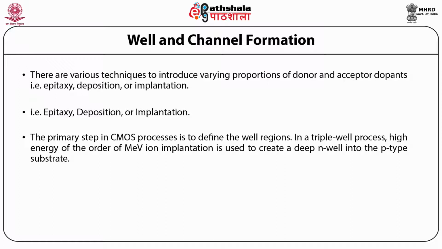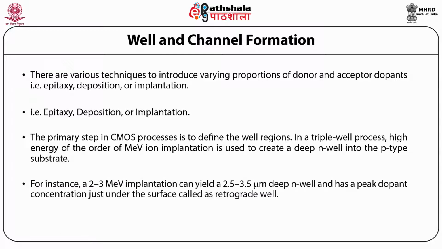This further prevents the need for thermal cycling, that is, the wafers do not have to be raised significantly in temperature, which improves throughput and reliability. Let us take an example: 2 to 3 mega electron volt implantation can yield a 2.5 to 3.5 micron deep N well and has a peak dopant concentration just under the surface, called a retrograde well.